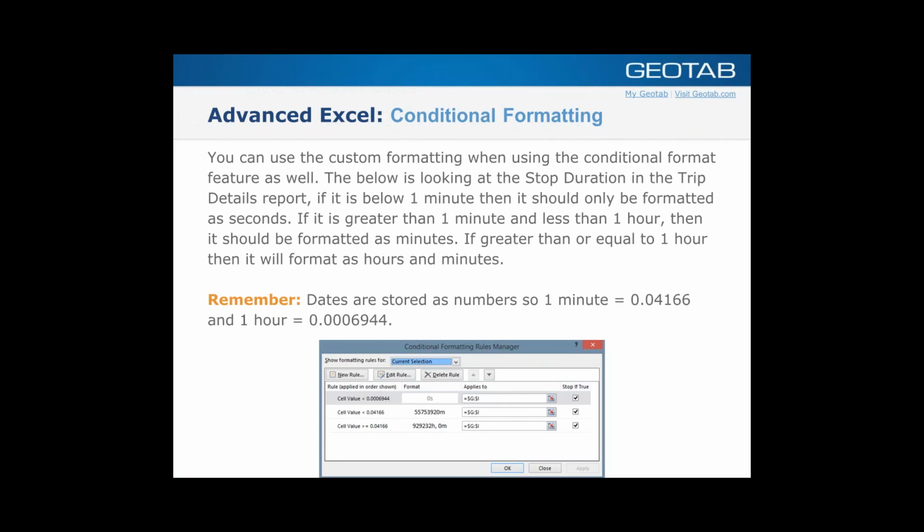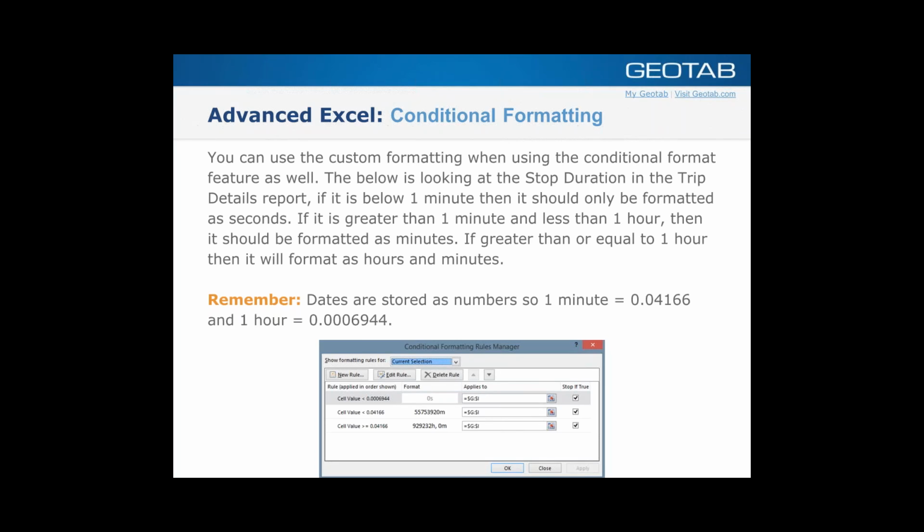And then I can also do, if it's greater than 1 minute but also less than 1 hour, then I only want to look at the M and the S. So maybe 10 minutes and 15 seconds. I don't want it to say 0H, 10M, 15S. And if it's greater than or equal to an hour, then I want to format it as, let's say, 4H, 46M, however many seconds.